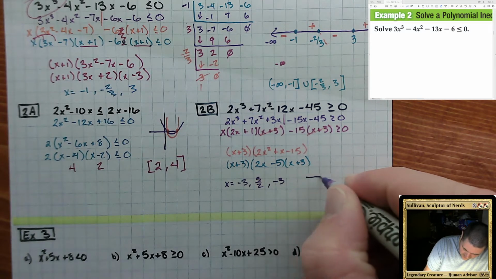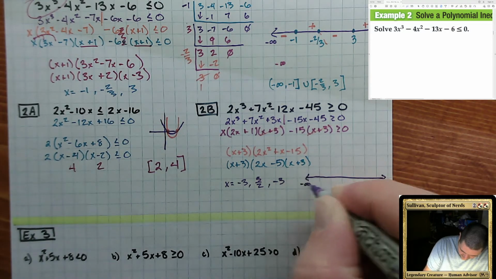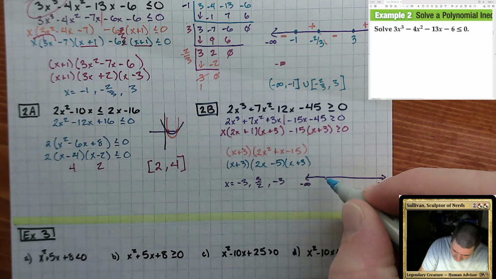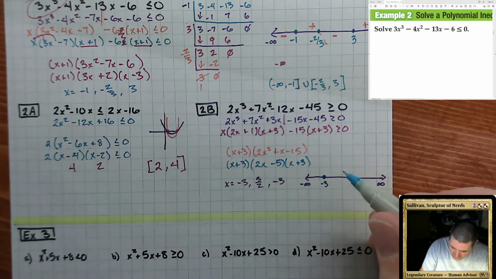If I make a quick sketch number line from negative infinity to infinity, I have an x-intercept at negative 3. I have an x-intercept at 5 halves.